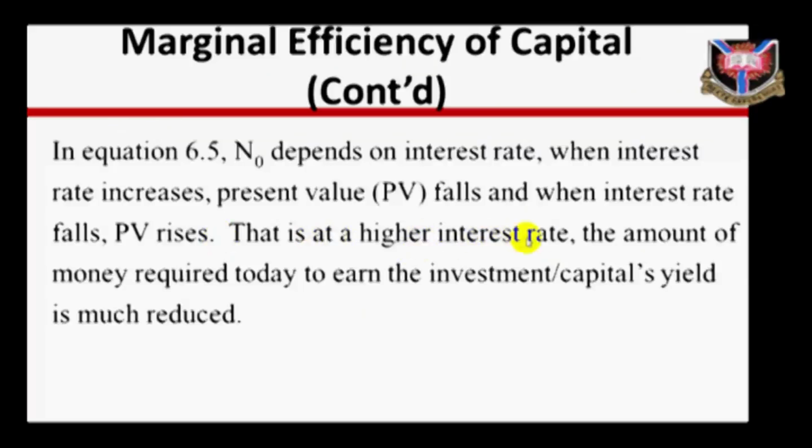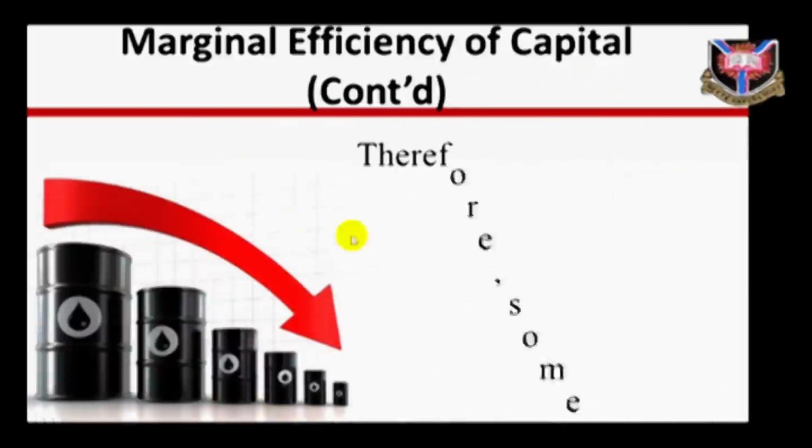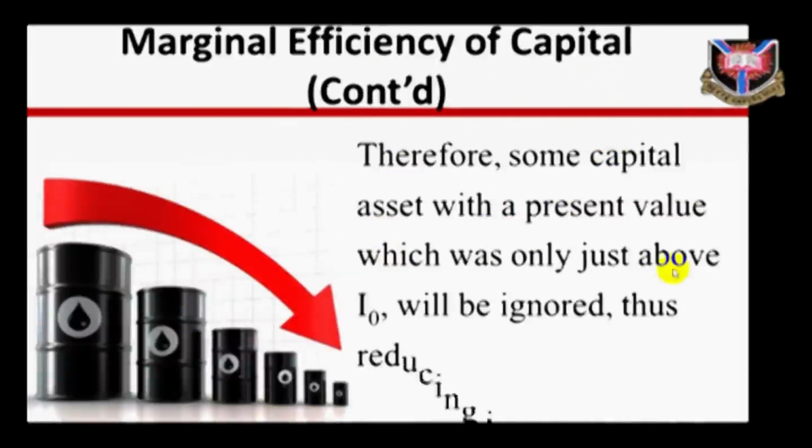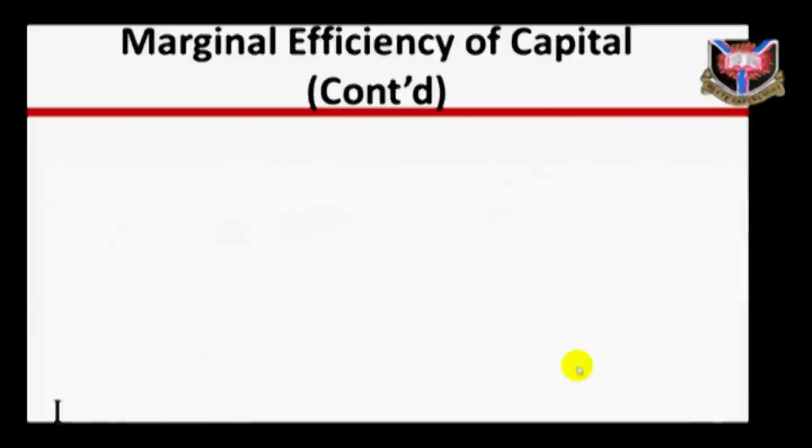That is, at a higher interest rate, the amount of money required today to earn the investment capital yield is much reduced. Therefore, some capital asset with a present value, which was only just above I naught, will be ignored, thus reducing investment.